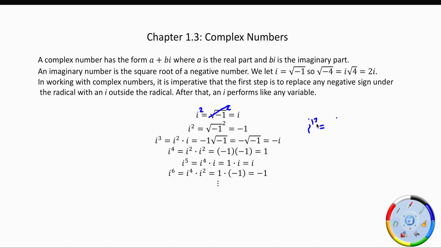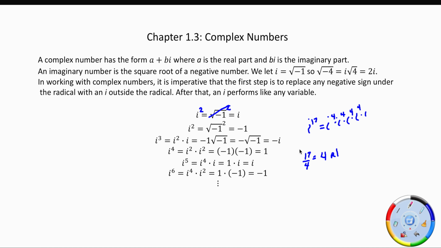meaning I can figure out that i to the 17th must be however many groups of 4 are in here. I divide 17 divided by 4. 17 divided by 4 goes 4 times with a remainder of 1, meaning I can write this as i to the fourth times i to the fourth times i to the fourth times i to the fourth times i. 4, 8, 12, 16, 17 i's.